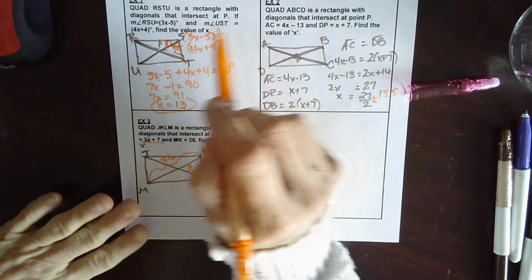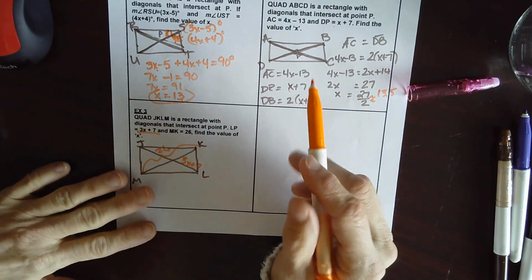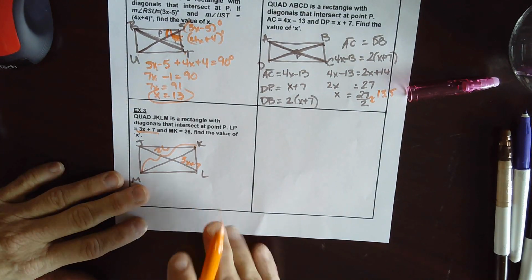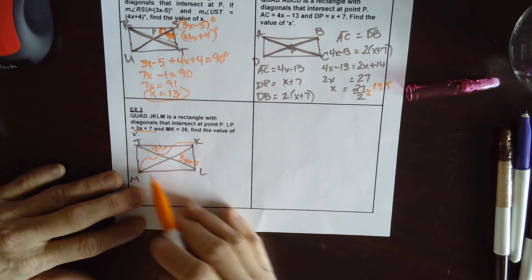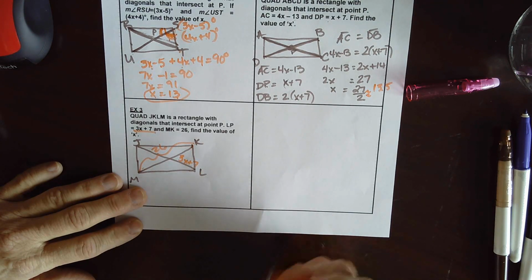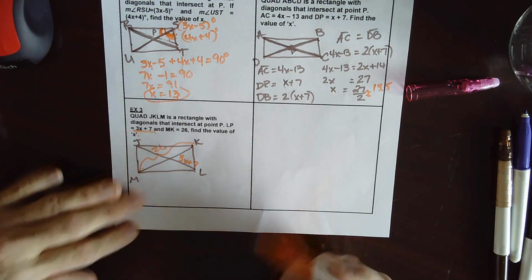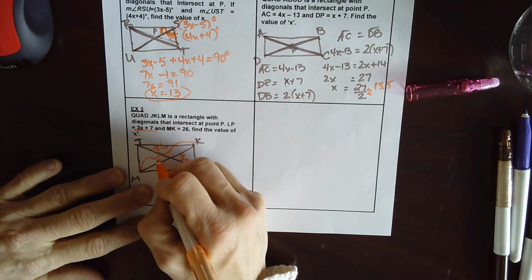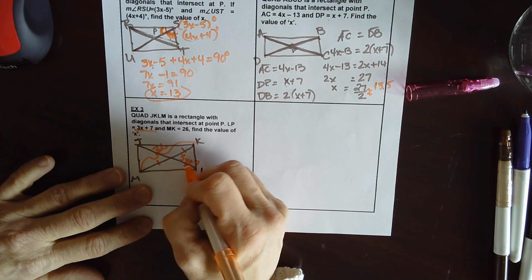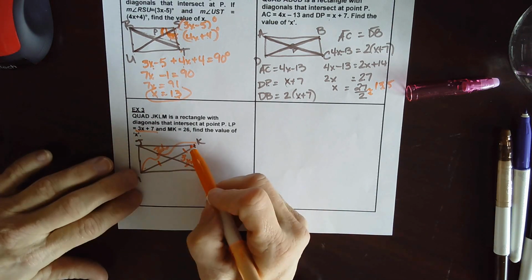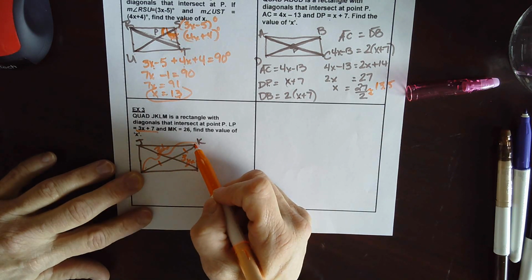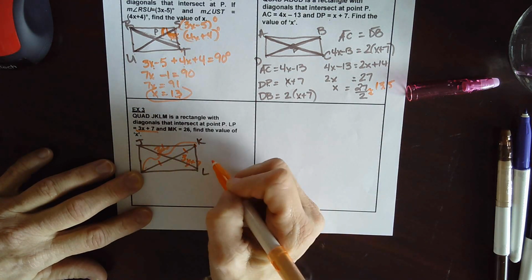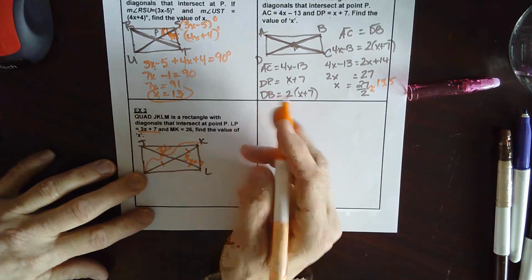So I could do one of a couple of things. In a rectangle, what am I trying to find? Oh yeah. In a rectangle, all the segments are congruent. If this whole segment from M to K is 26, then half of that would be 13.